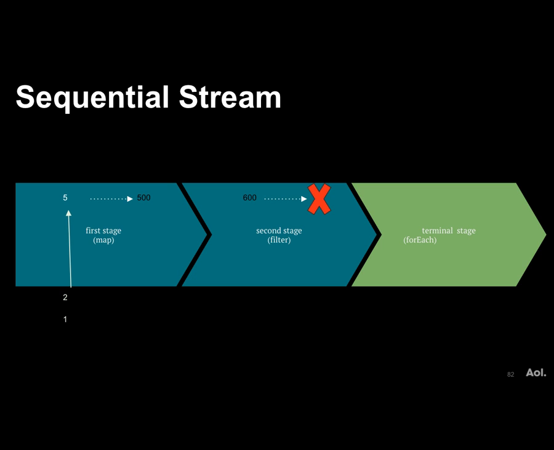As data moves through the pipeline, 6 gets multiplied by 100, it becomes 600. We go to our filter stage, it's over 551, so it gets dropped. 5 becomes 500. It passes the filter stage, being less than 551, and we'll write it out to the console. 2 will become 200, it will pass, and we'll write it out, and 1 will become 100, and so on. And that's maybe a way to visualize a standard Java sequential stream.